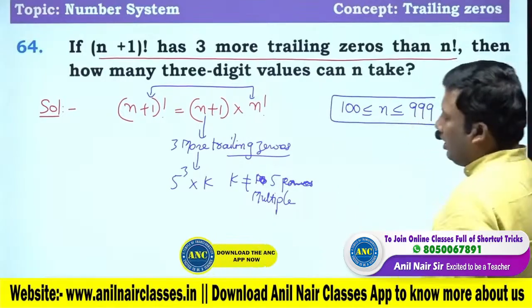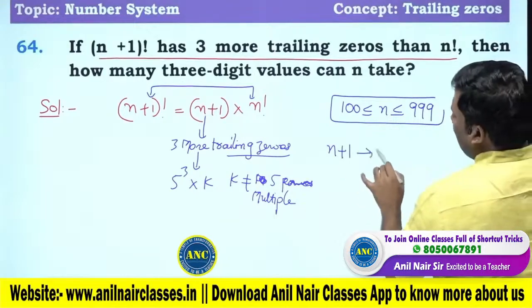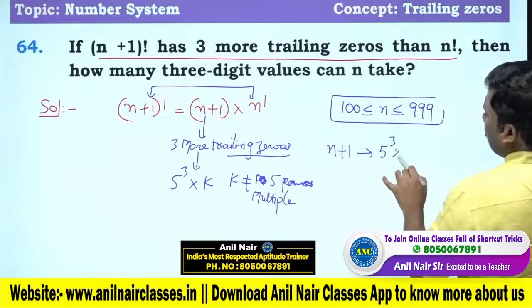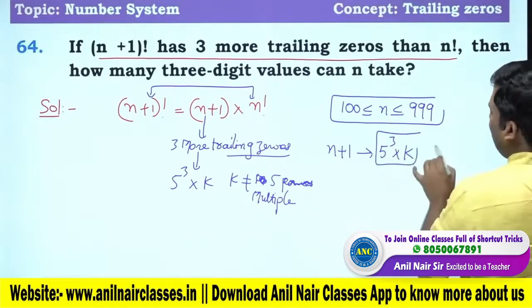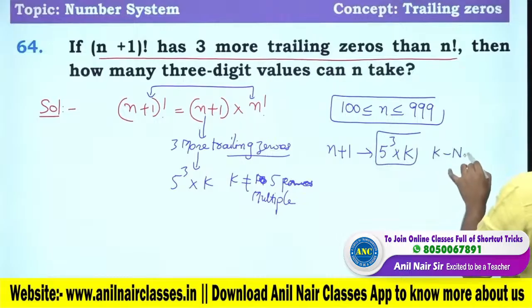So n plus 1 is giving you 3 more trailing zeros. So it has to be of the form 5 cube into k, where k is a natural number. Listen carefully, sir.